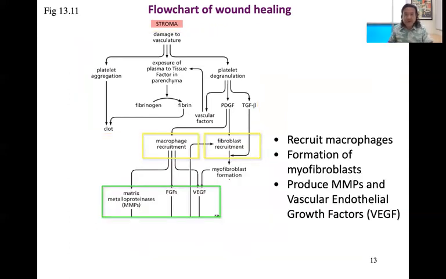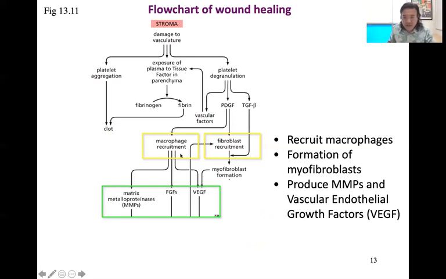Okay. So the next step then would be the recruitment of certain types of immune cells. So macrophages will come, again, because it sort of looks like there's an injury here, right? So macrophages will come as part of their normal function to help fight any kind of infection that your body expects might potentially take place if you have an injury. Right?